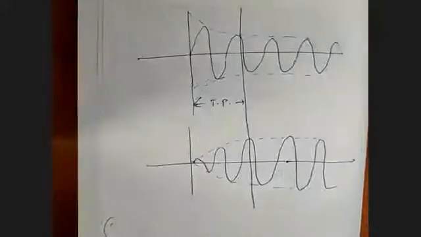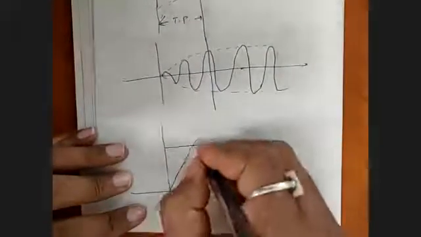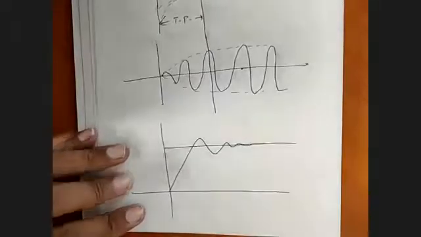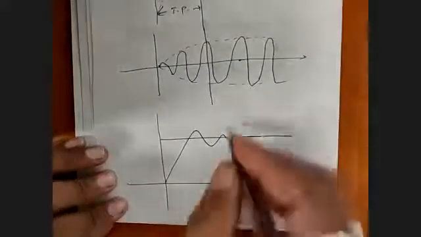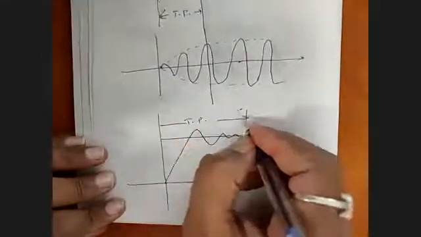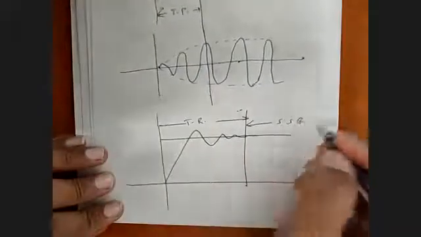So it is not always that we will be having a constant response. It may be like this also. So in this also, this is your transient response, and this is your steady state response.